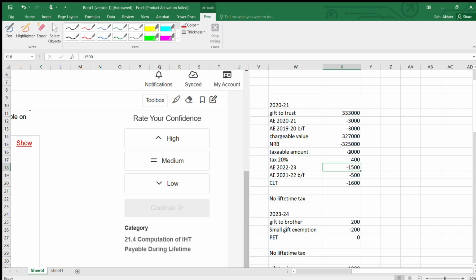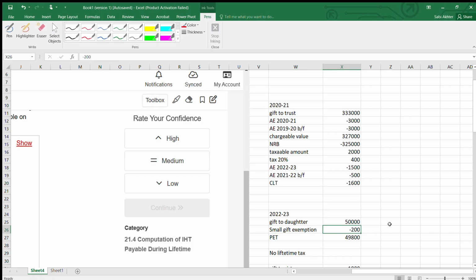Now, moving on to the next gift, in a different tax year, that is 22-23. So here it is a gift to daughter. The value is 50,000.